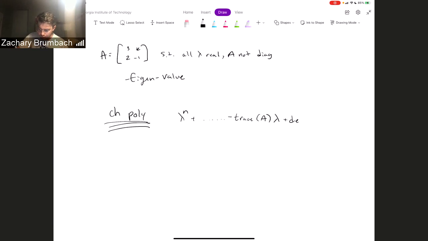This is true for all sizes of matrices. Whatever's in front of lambda squared or lambda cubed doesn't tell us anything, but these last two entries tell us a lot of things.